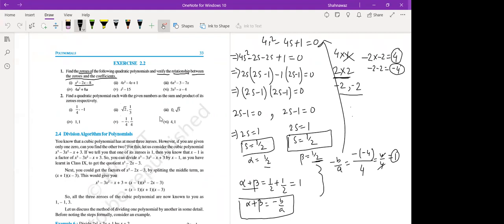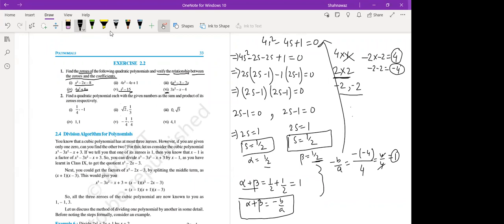Okay, so let's do the third question. I will solve this, and the fourth and sixth are your homework.